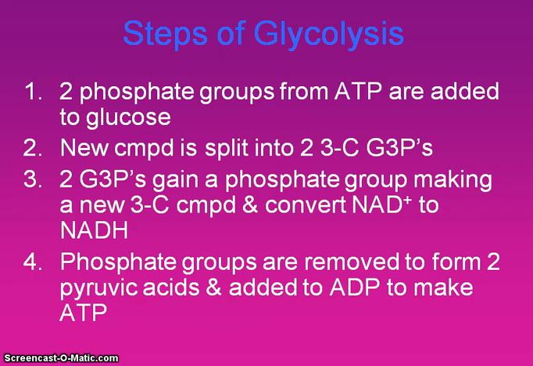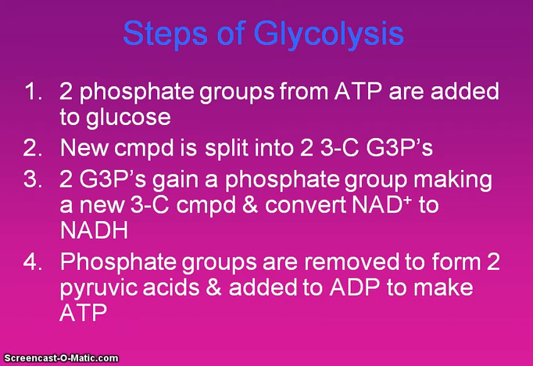These are the general steps of glycolysis. You start with a couple phosphate groups from ATP that are going to be added to glucose, and then they split that compound in half into two molecules called G3P. They're also sometimes called PGAL.